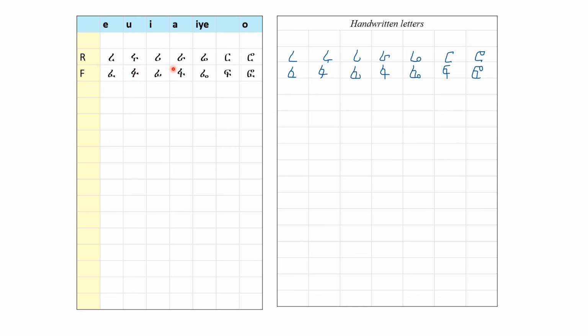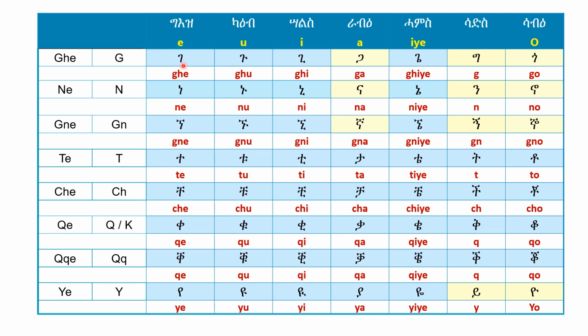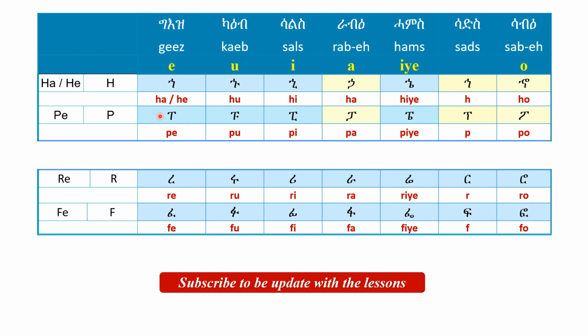Re, Ru, Ri, Ra, Rie, Ri, Ro. Fe, Fu, Fi, Fa, Fie, Fe, Fo. Ge, Ne, Nye, Te, Che, Ke, Khe, Ye, Ha, Pe.